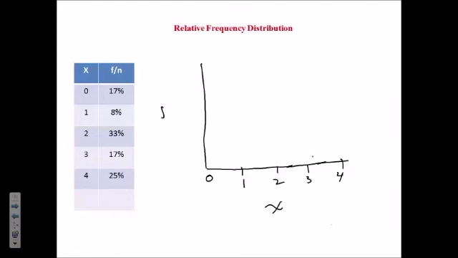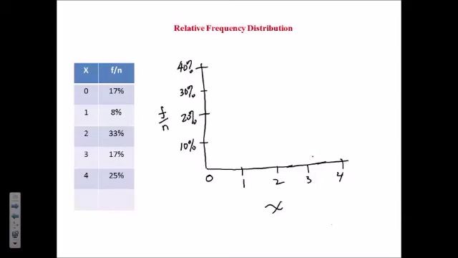On the other axis, we'll put relative frequencies, and they go up to 33%. So I'll put 40% here, 20. You may have noticed that we don't have to have the same scale on each axis. They could be different.